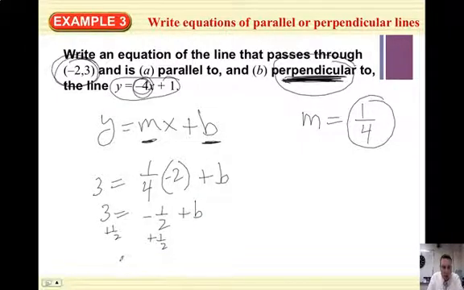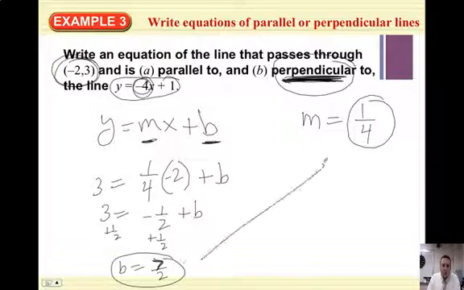You can put that in your calculator and get b equals 3.5, b equals 7/2, right? So I like to write mine as improper fractions. 7/2 is 3.5. Okay, I got my b. I had my m based on this, and there you go.